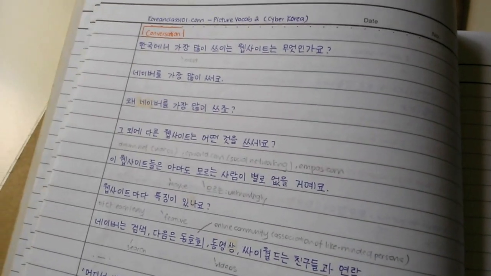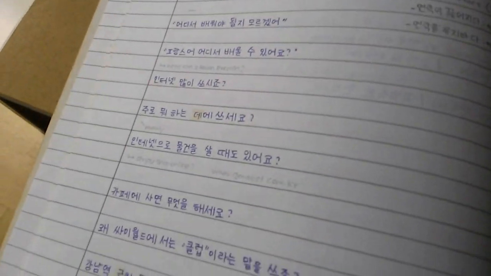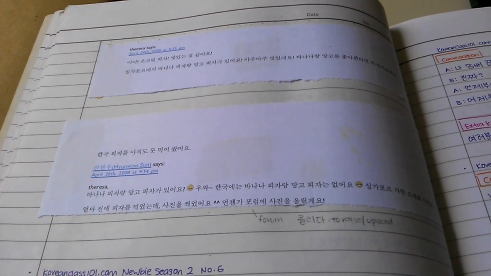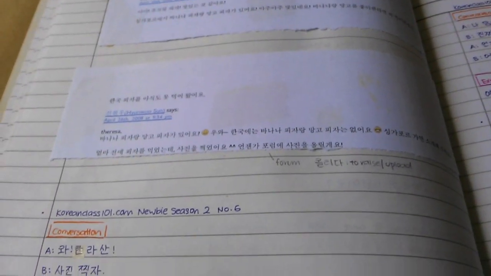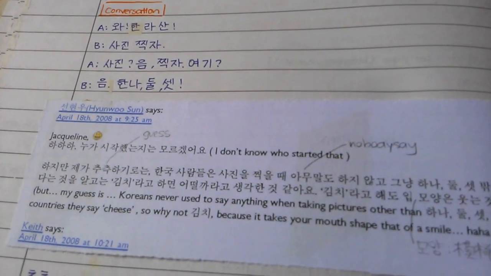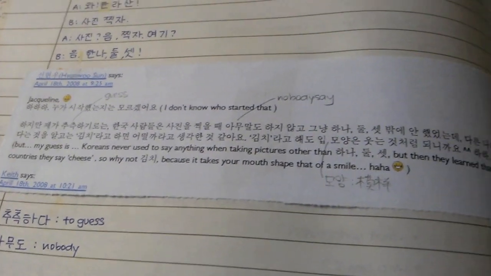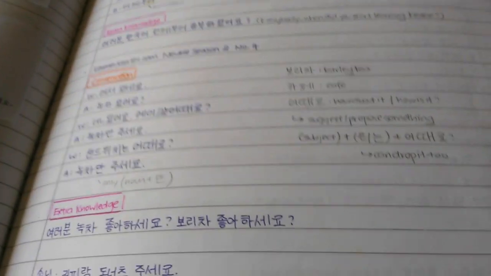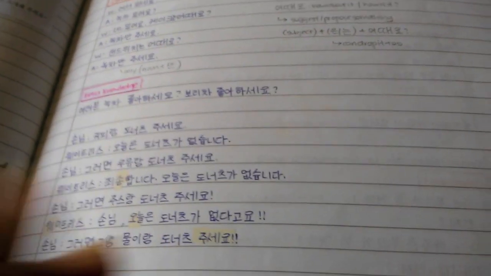I'll write down the whole conversation. Sorry, the video got cut off just now, so this is like a part 2, I guess. See, I even printed out some of the explanations by Hyunwoo. So see all the KoreanClass101.com dialogues.